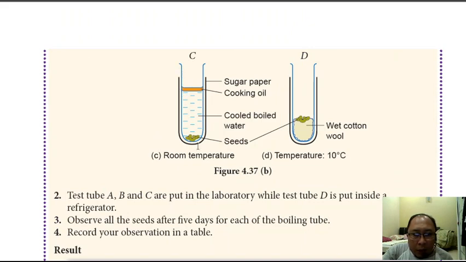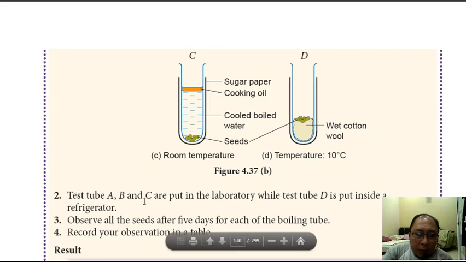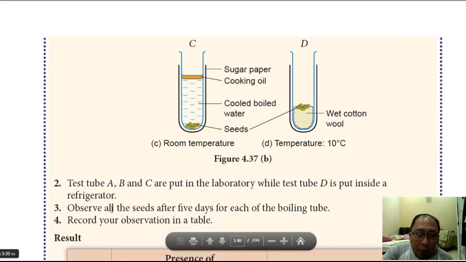Boiling tube C consists of seed, cool boiled water, cooking oil, covered by sugar paper. Same thing for D, covered by sugar paper, but it consists of wet cotton wool and is put at a different temperature. So tubes A, B, and C are put in the lab, while tube D is put inside a refrigerator.